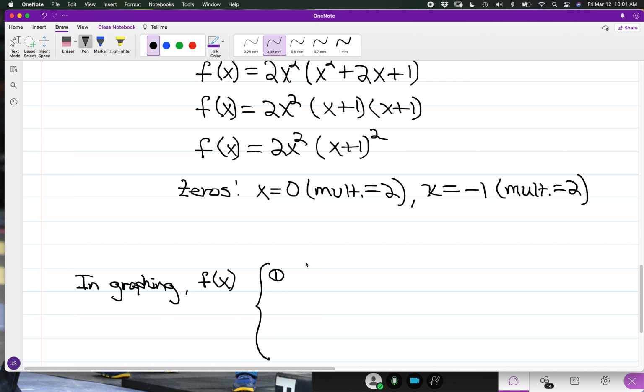Now f of x is going to cross the x-axis at zeros of odd multiplicity.